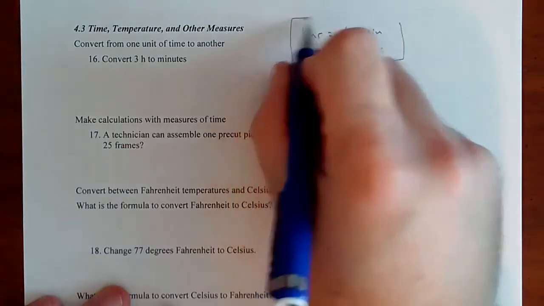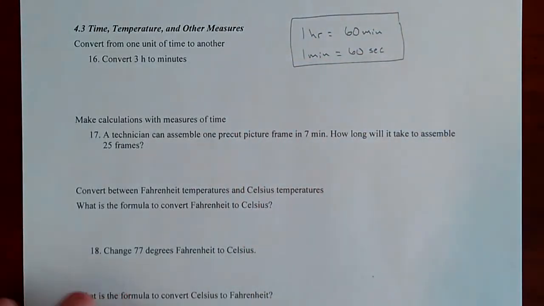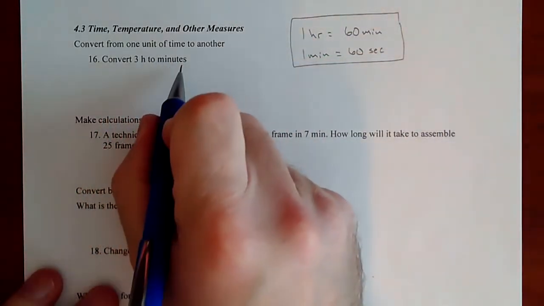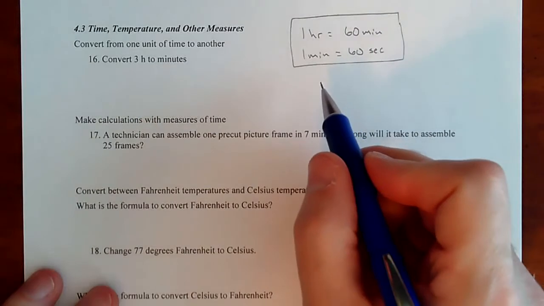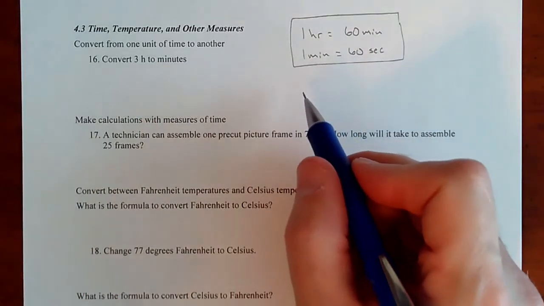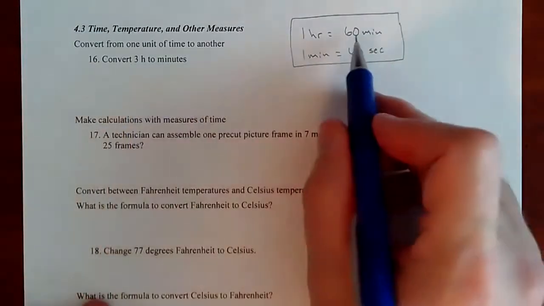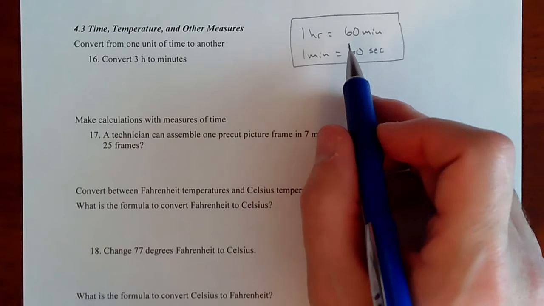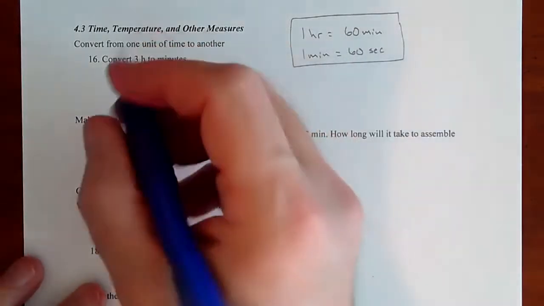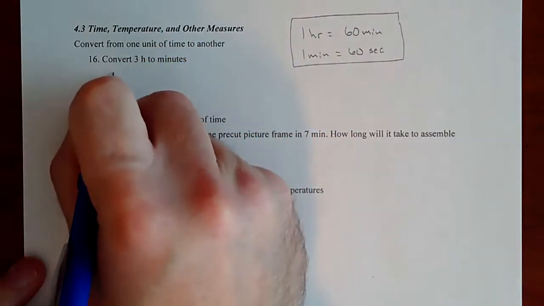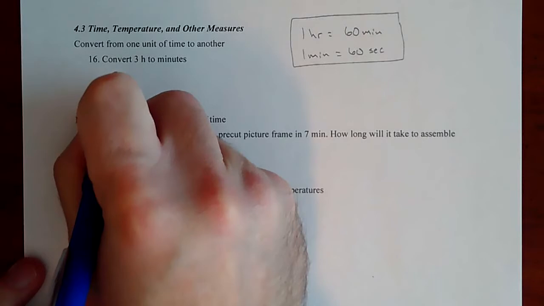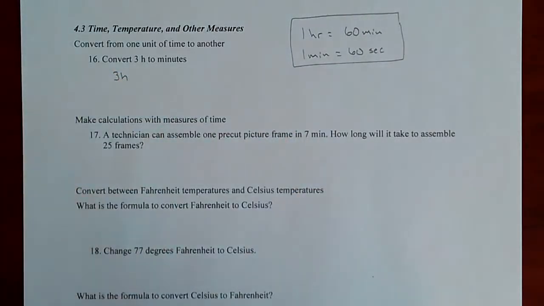All right, so that's what we're going to use. If we are converting 3 hours to minutes, some people are totally comfortable saying, oh, I'm just going to multiply by 60. But if that doesn't flow in your mind all that great, here's how I can do this. I'm going to take 3 hours, and I can just set up a proportion.